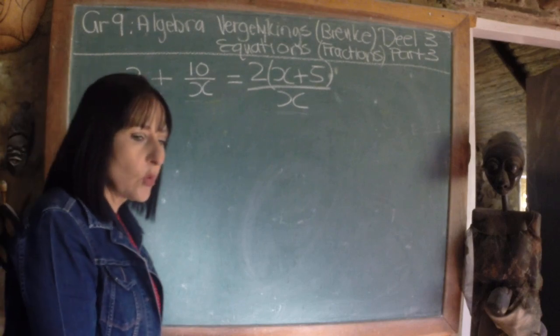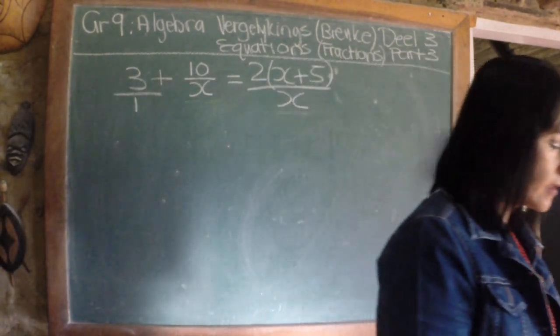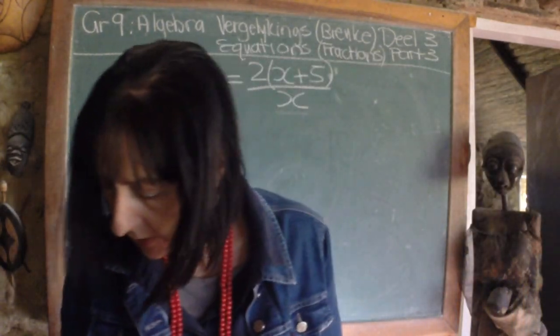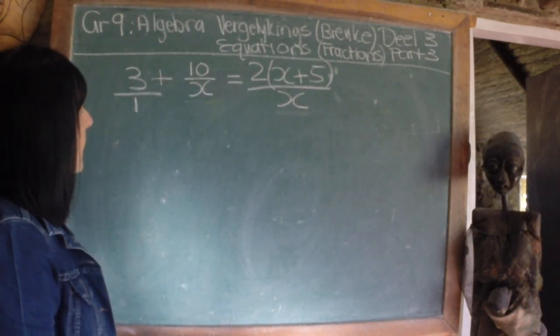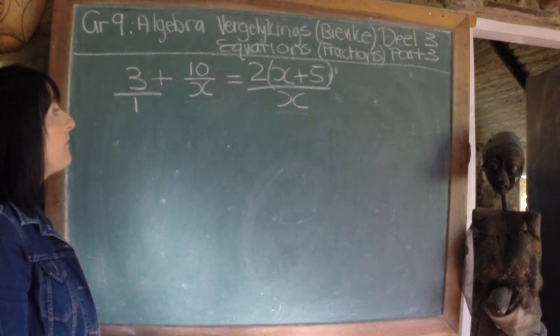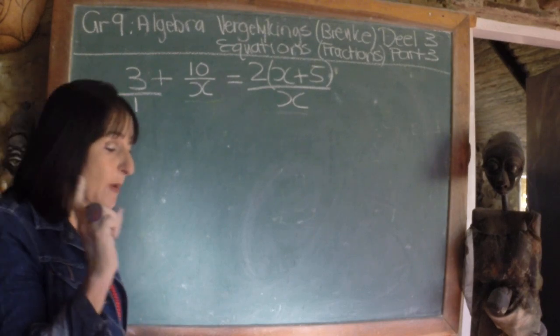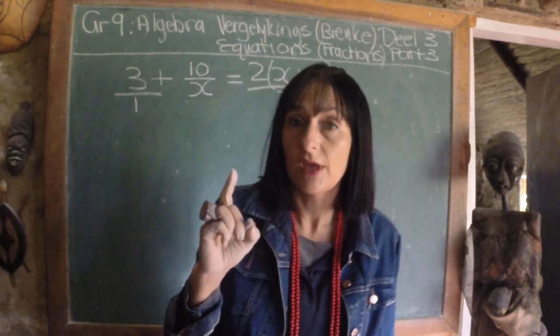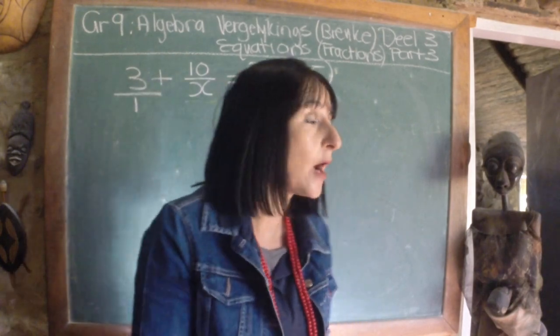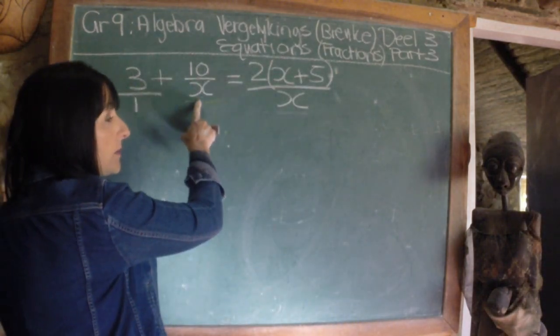En voordat ons enigsins kan aangaan, graad 9's, is daar iets wat verskriklik belangrik is. We must remember, if there's one thing in mathematics that does not ever exist, that can't be, it's dividing by 0.